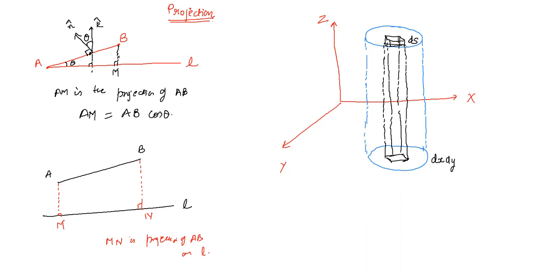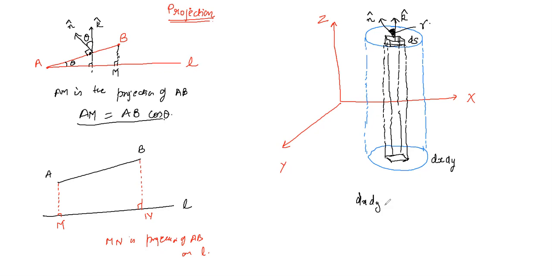And suppose that the unit vector k cap is in this direction, and the unit normal vector n cap points in this direction. And suppose that the angle between them is gamma here. So by using this formula, what we get: AM is the projection here, and here the projection is dx dy.